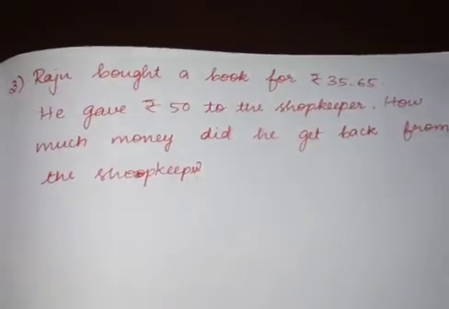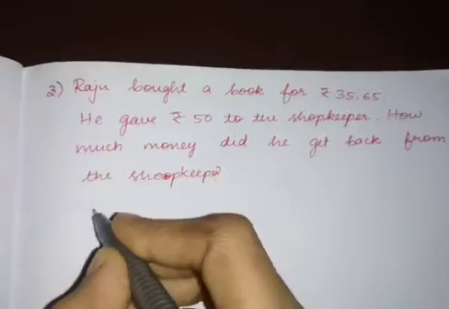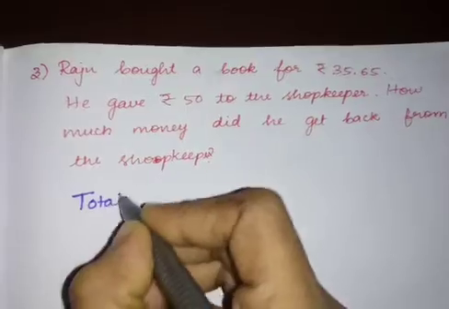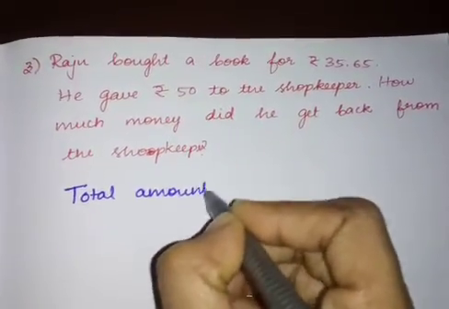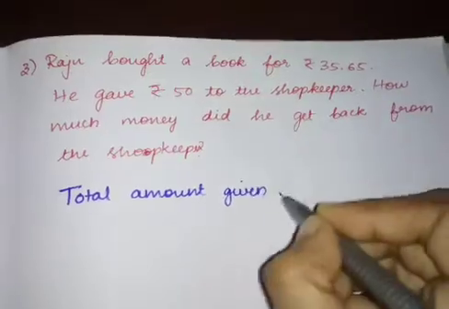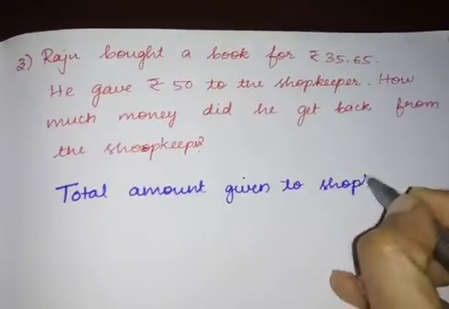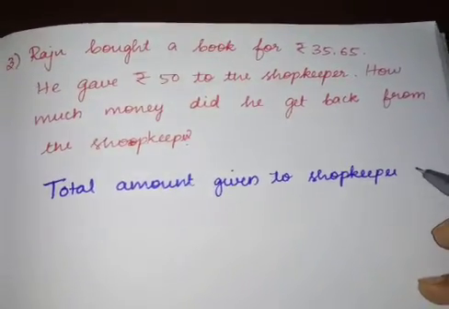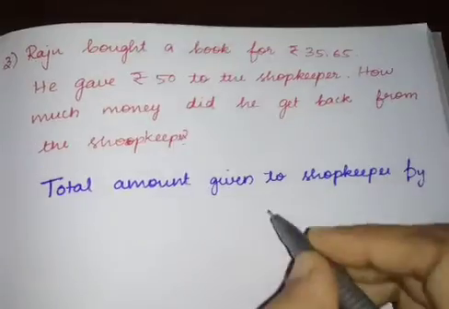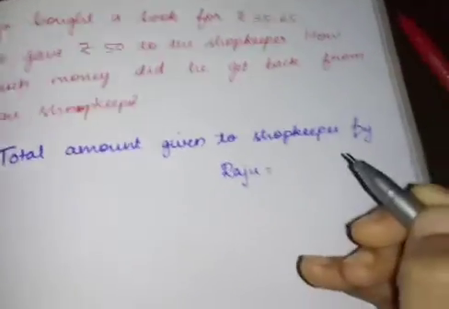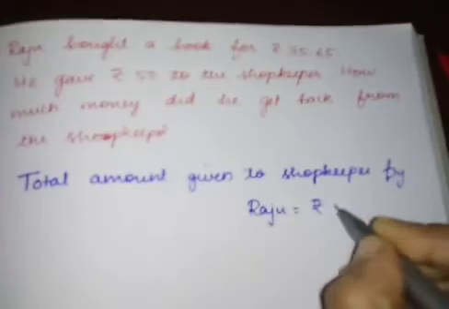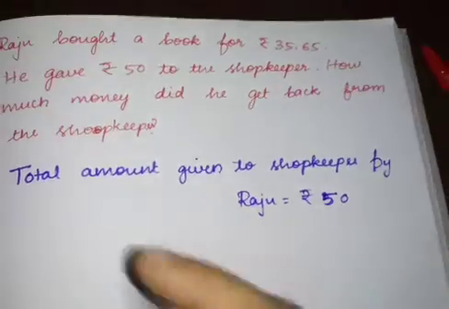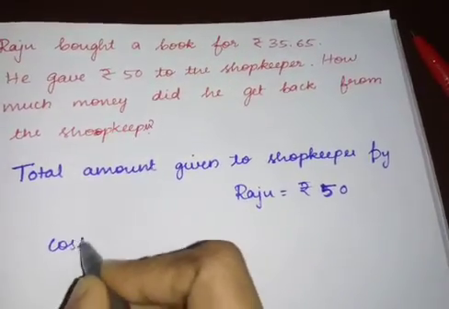So first I'll write the solution here. Total amount given to the shopkeeper by Raju. What is the total amount given to the shopkeeper by Raju? Rupees 50. What is the cost of the book?